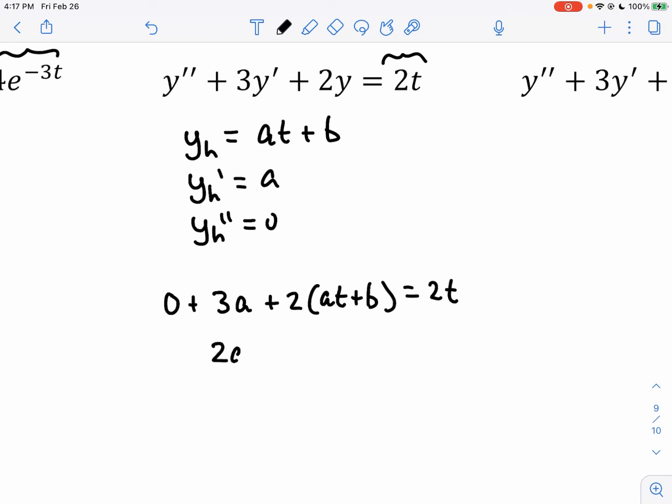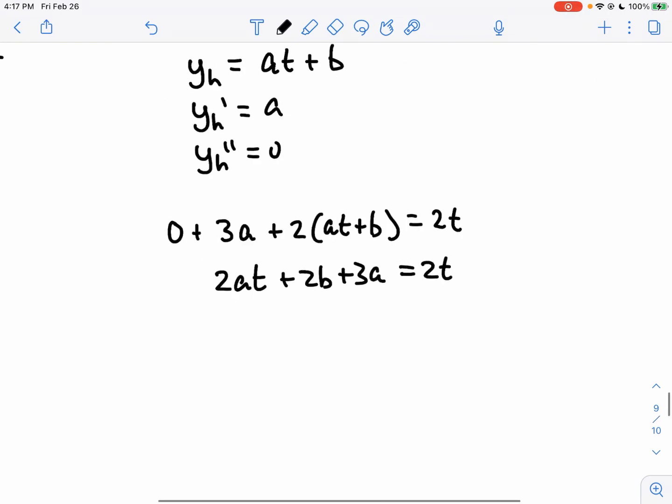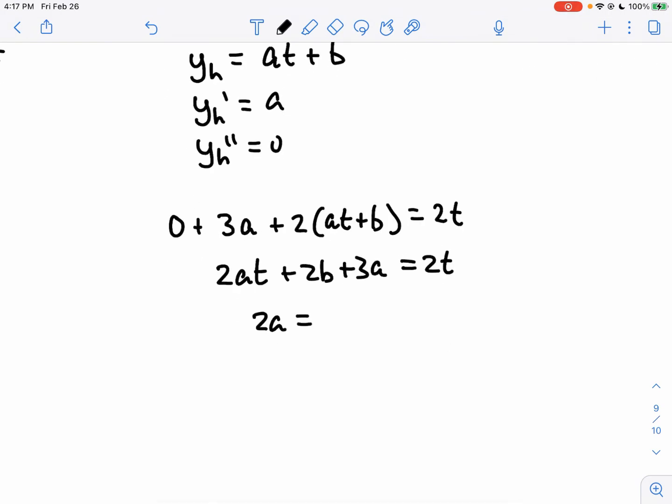So we have 2at plus 2b plus 3a have to be equal to 2t. Matching coefficients, that tells me that 2a has to be equal to 2, and that 2b plus 3a has to be equal to 0, for these two polynomials to be the same. Which means a has to be 1, and if a is 1, then b is going to be negative 3/2.